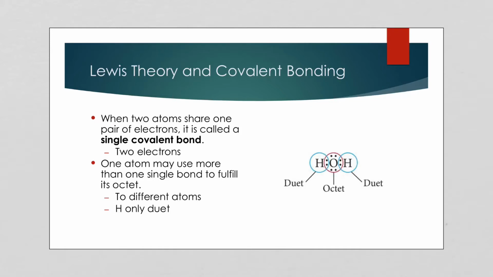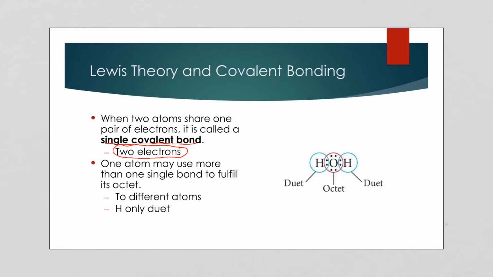So when these two atoms share one pair of electrons, we call that a single covalent bond. And of course, it involves 2 electrons. Every sharing of electrons, we think about it as a 2-electron sharing.